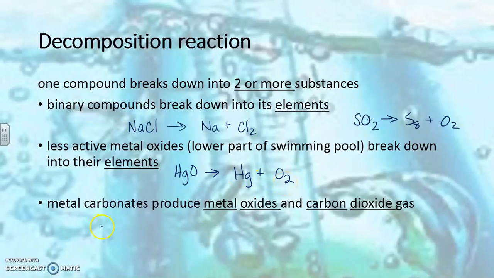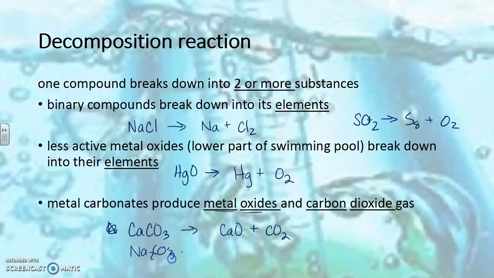All right, what if we had a metal carbonate? An example of a metal carbonate would be CaCO3. Well, it's going to break down into a metal oxide, so calcium oxide, and carbon dioxide gas. What if we had Na2CO3?